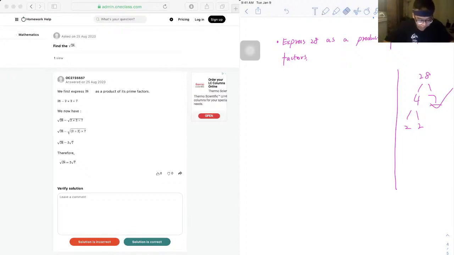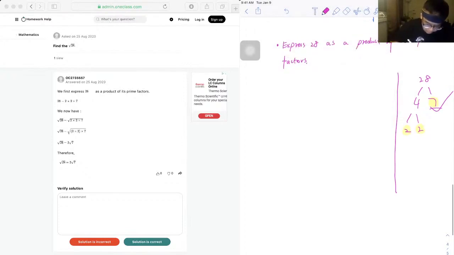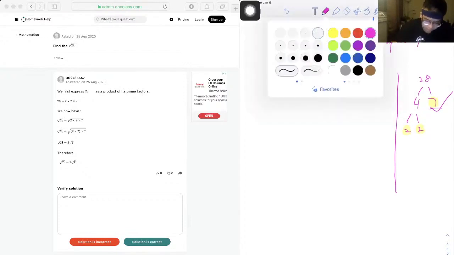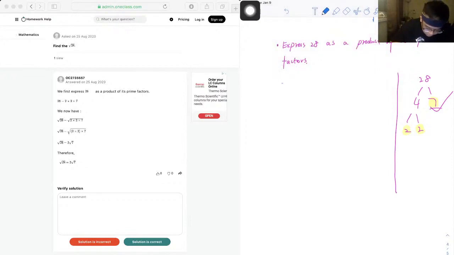So now 28 can be represented by the number at the end of each branch. So that's going to be 2 times 2 times 7. Here, 28 can be written as 2 times 2 times 7.